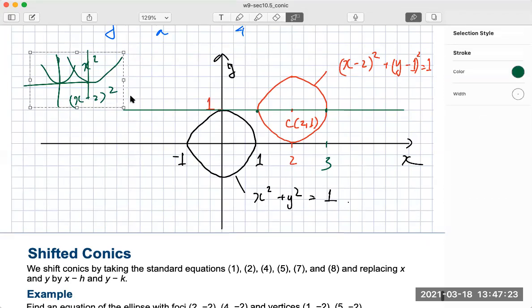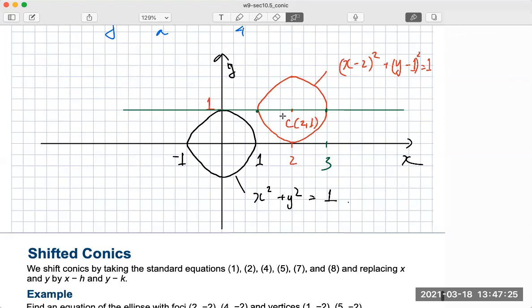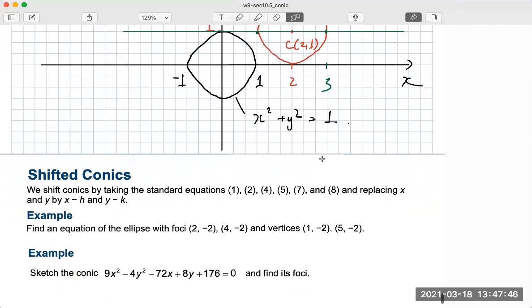So if it is shifted to the right in the x coordinate, then we subtract 2, or you see that at 2, it will be at the center. Here, it will be shifted up, and the center here is at 1. The same story in general.